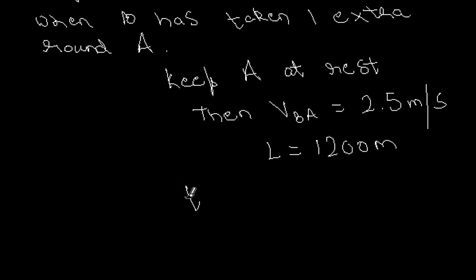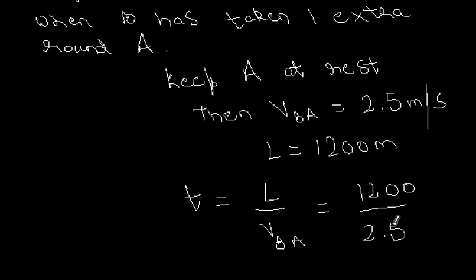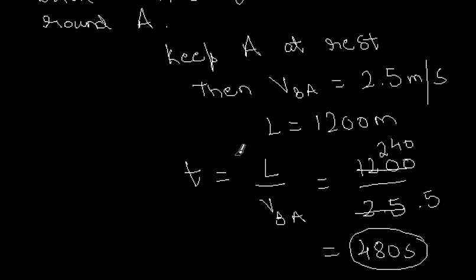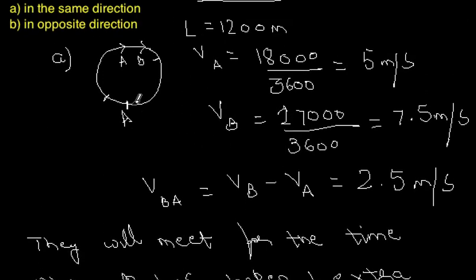Therefore, the time taken for them to meet for the first time would be distance upon speed, which is 1200 upon 2.5. This comes out to be 480 seconds. So they are meeting for the first time in 480 seconds. Now we have to find out where they meet for the first time.